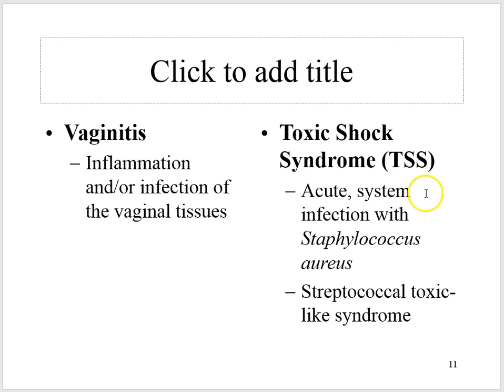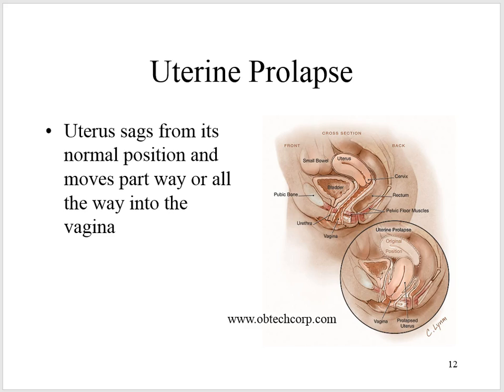Now, toxic shock syndrome is an acute systemic infection with Staphylococcus aureus, or you can have streptococcal toxic shock-like syndrome. Uterine prolapse: the uterus sags from its normal position and moves partway or all the way into the vagina.